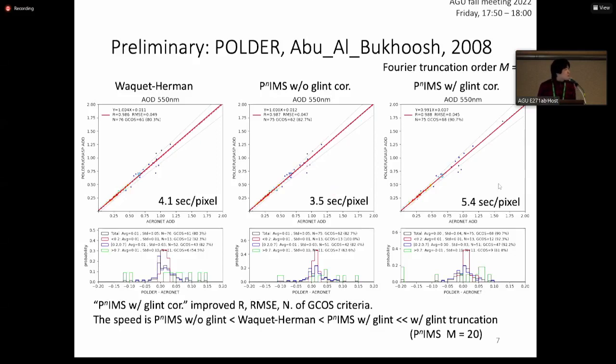But compared to without sunglint corrections with a large truncational order, like 20, this with sunglint correction is still 8 to 10 times faster. Regarding the scores, most of the scores, for example, correlation coefficient or root mean square and the number of the J-cos criteria, are also improved.